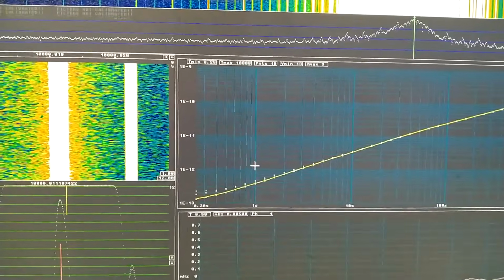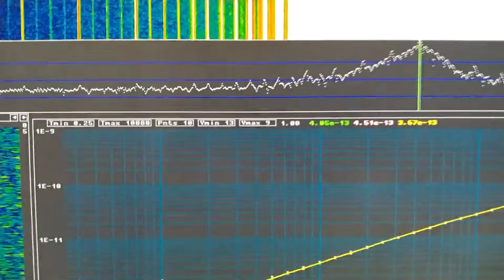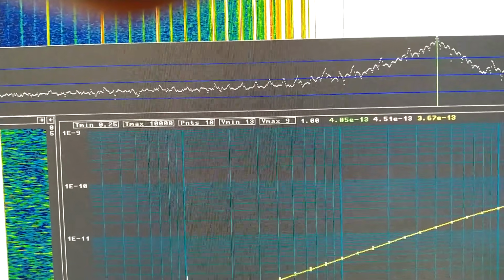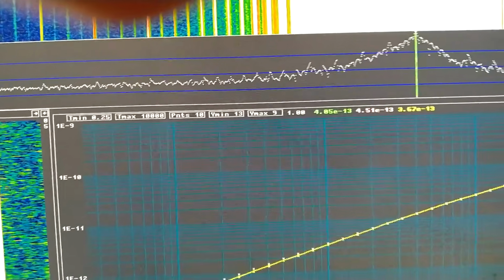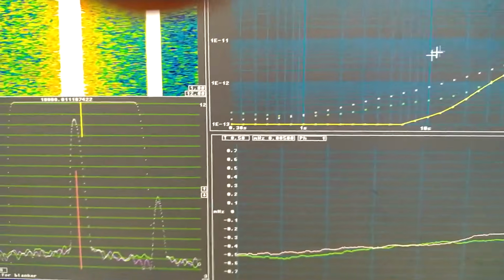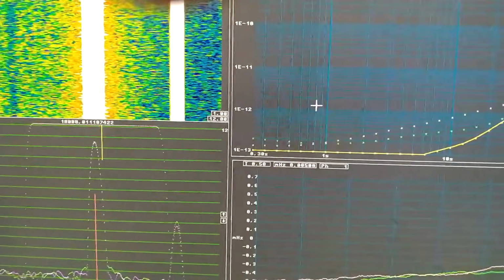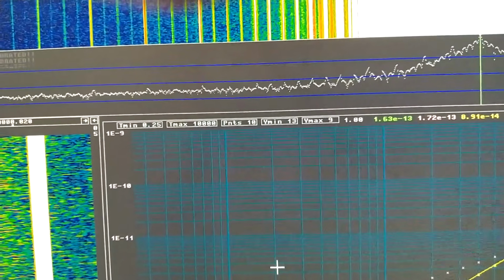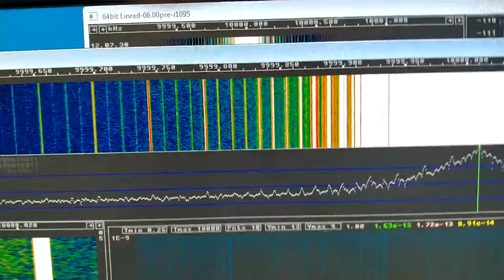At 1 second, it says 3.6 times 10 to minus 13. And I look at the Hadamard graph here, which is very much better. At 1 second, 8.9 times 10 to minus 14.